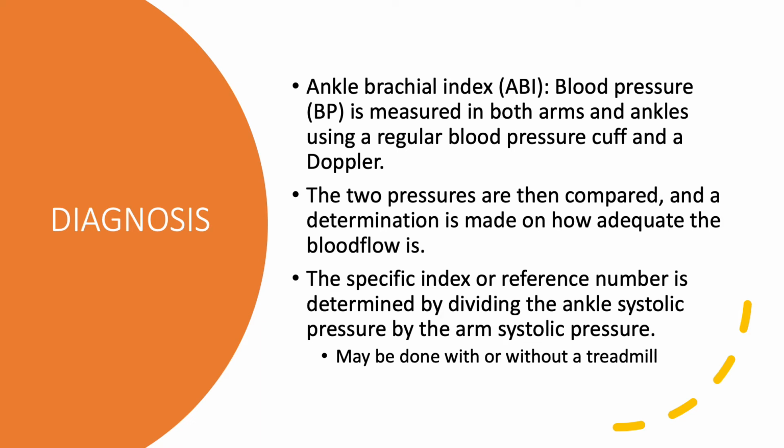You take the blood pressure measured in both arms and ankles using a regular blood pressure cuff and Doppler. These two measures are then compared, and a determination is made on how adequate the blood flow is. The index is determined by dividing your ankle systolic pressure by your arm systolic pressure. It can be done with or without a treadmill.